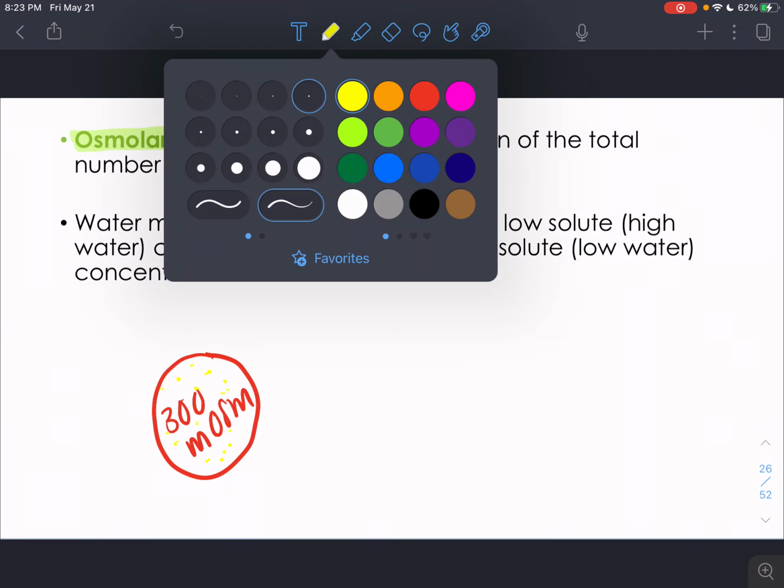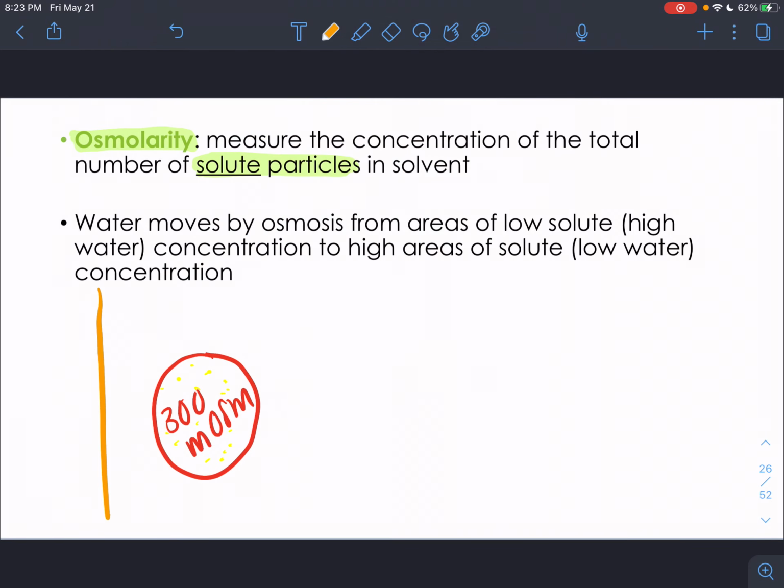Say we have that blood cell going through our bloodstream and our blood plasma. Say we have a 200 milliosmol concentration of the plasma. So there's a difference in the concentration. Again, the osmolarity is looking at the concentration of solute.